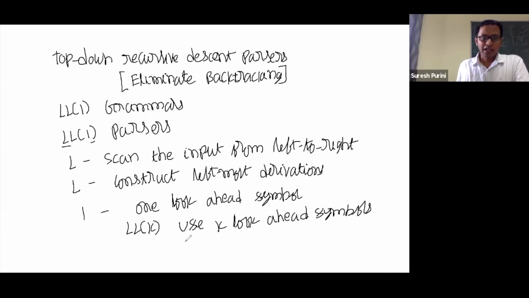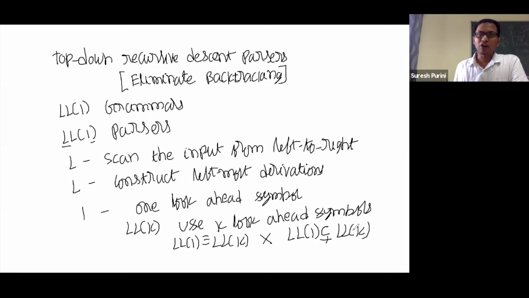In the last class, I mentioned that LL1 is equivalent to LLK, but I would like you to make a note that this is not the case. That is, there are context-free languages which are LLK parsable, but not LL1 parsable.